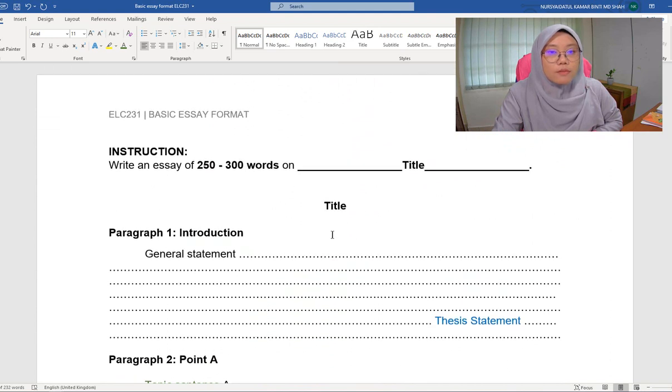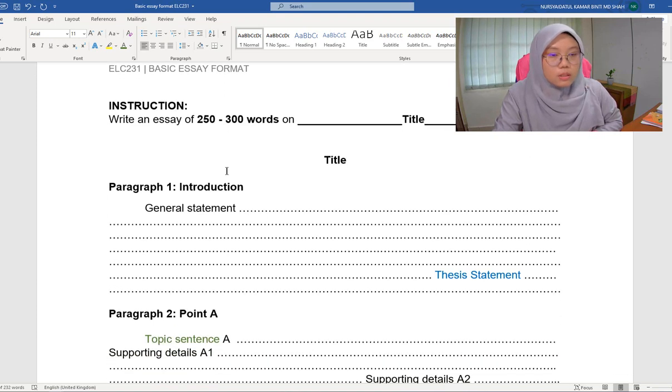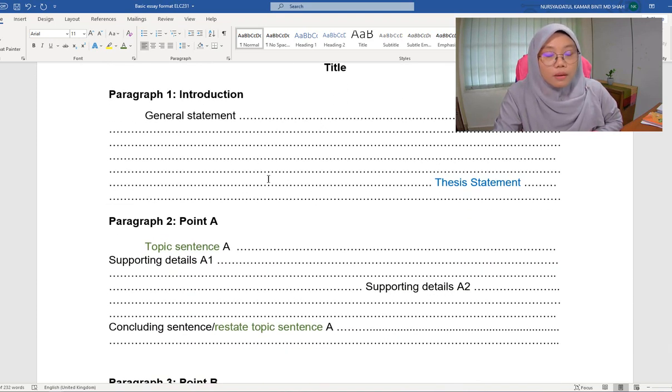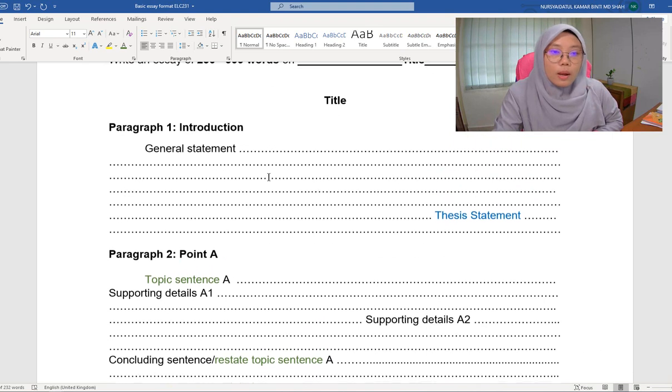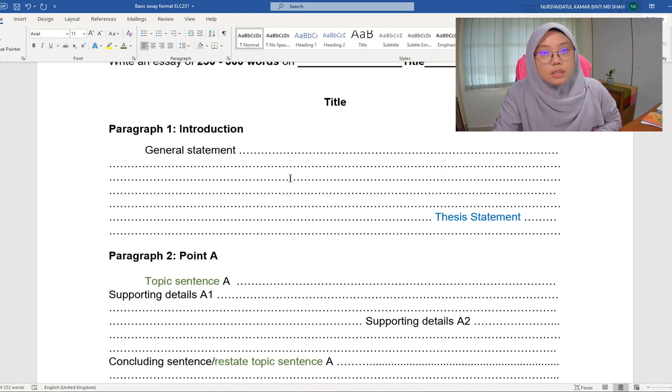Basically, this is the format of your essay, and remember you have to follow the stipulated number of words given here, that is between 250 to 300 words. If you are aiming for 300 words, then with a 5 paragraph essay, you have about 60 words per paragraph.